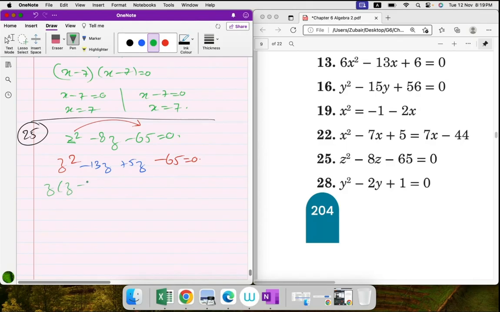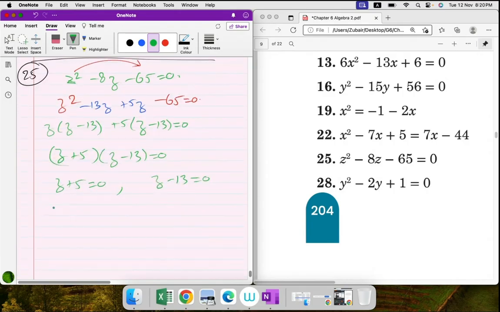See z common, z minus 13 plus 5 common, z minus 13 is equal to 0. So z plus 5 into z minus 13 equals to 0. First factor equal to 0, second factor equal to 0. So z is equal to minus 5 and z is equal to 13.